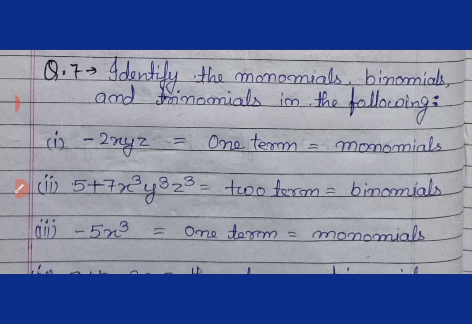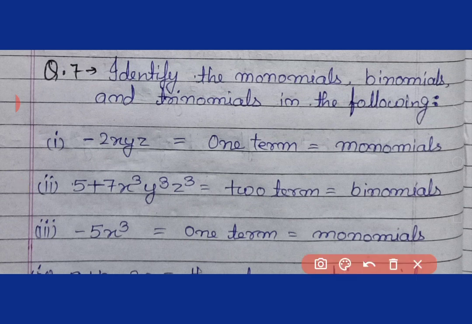Whenever two terms are given in an algebraic expression, that algebraic expression is known as a binomial. An algebraic expression in which three terms are given, that expression is known as a trinomial. And we can determine this only by the symbols of plus and minus.